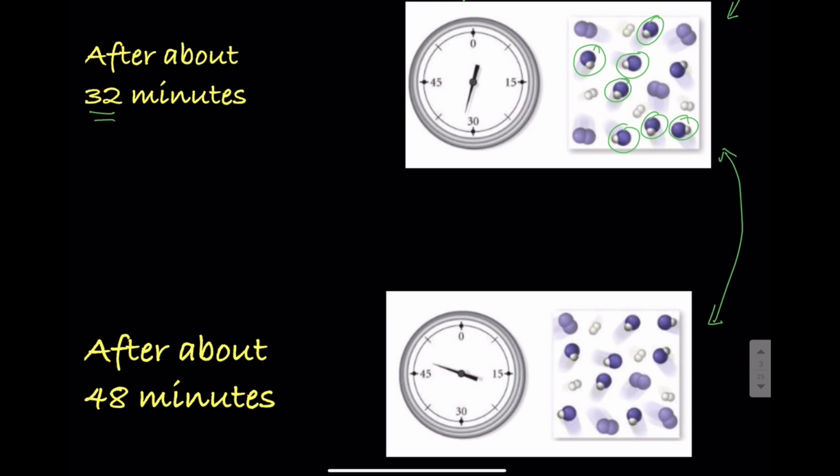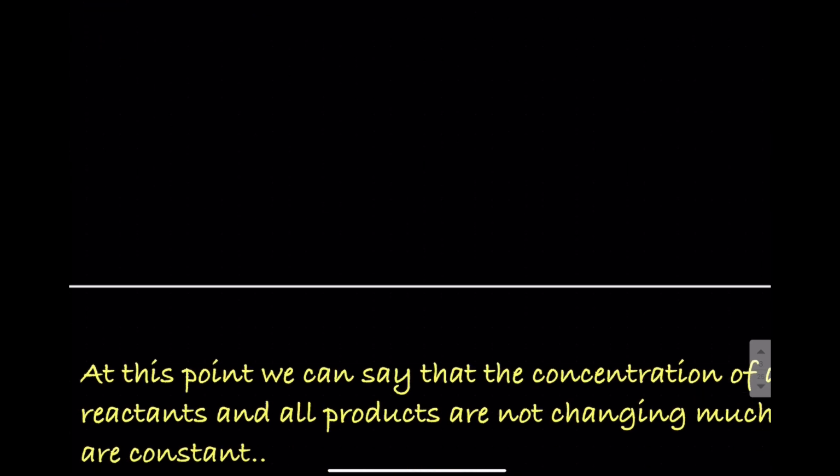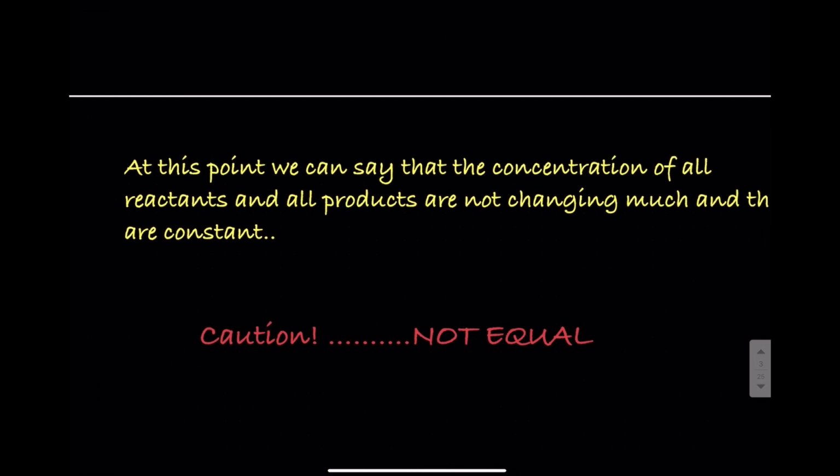This is the maximum that the product will be formed under these concentrations of the reactants. Which means that by the time the system reaches an equilibrium, the concentration of all the reactants and all the products remain constant. They do not change much with time.